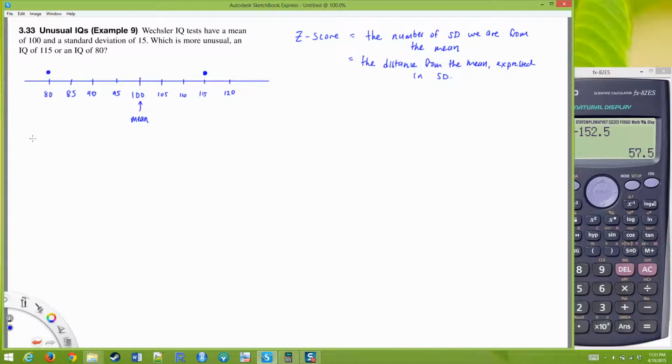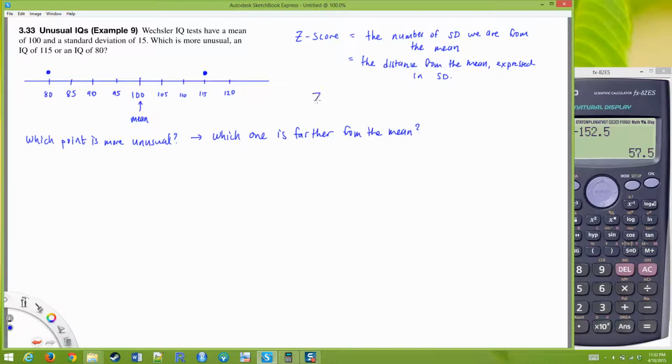Which point is more unusual? We can answer this by saying which one is farther from the mean, and we can answer this with a z-score.